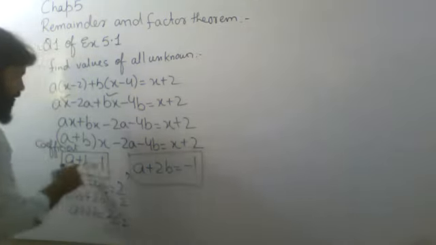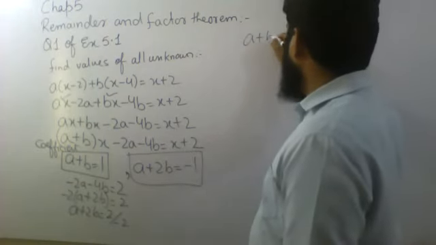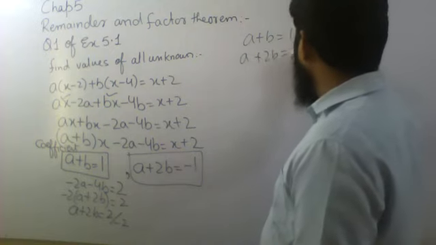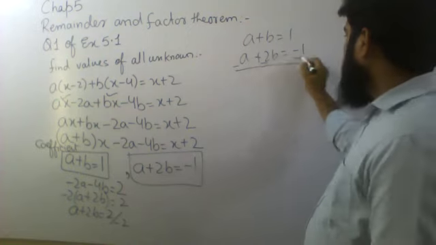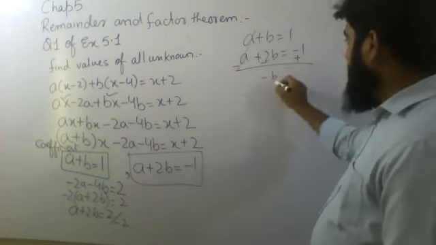Now I have got two equations in terms of a and b, and I will solve them simultaneously. A plus b equals to 1, a plus 2b equals to minus 1. I'm solving them by elimination method. Minus minus plus. This is cancelled. B minus 2b will be minus b.